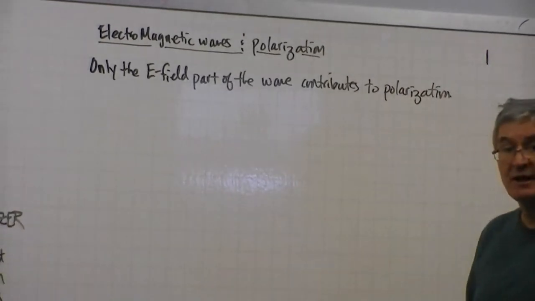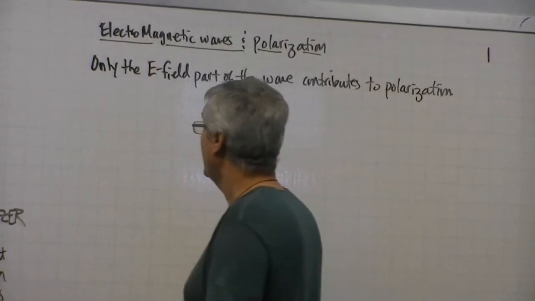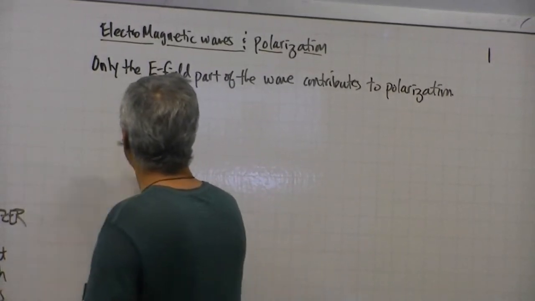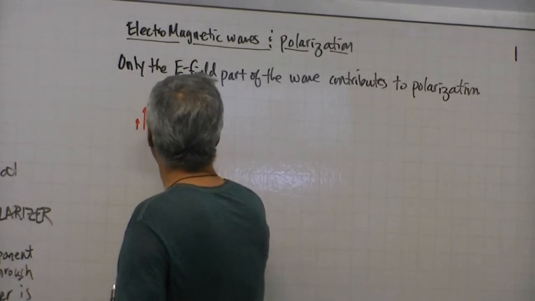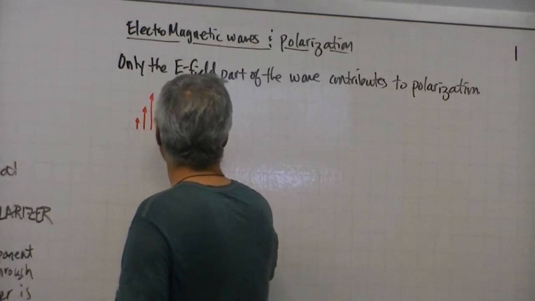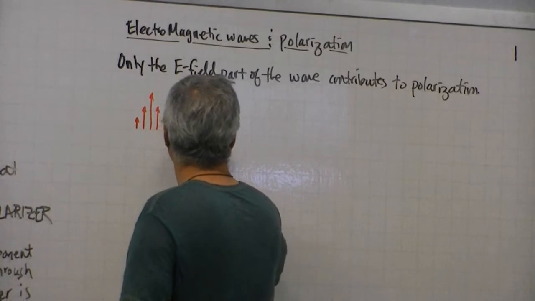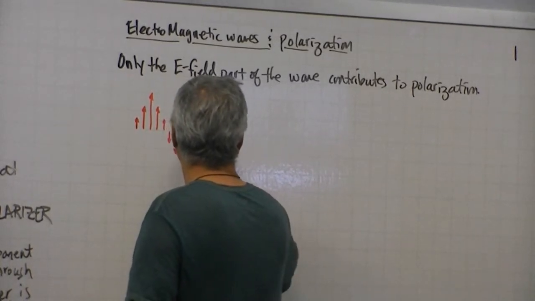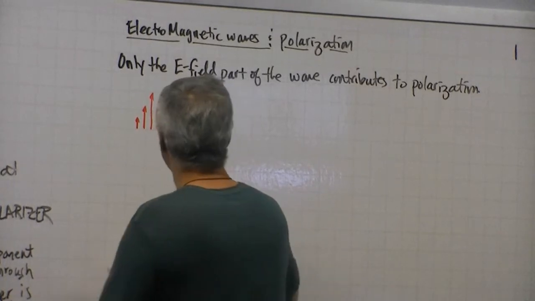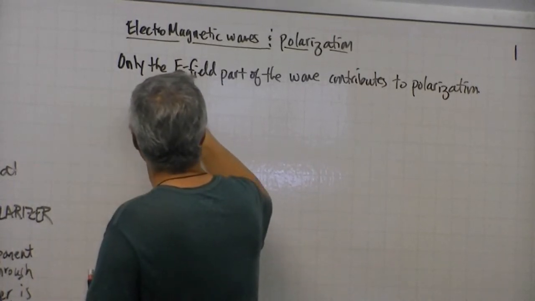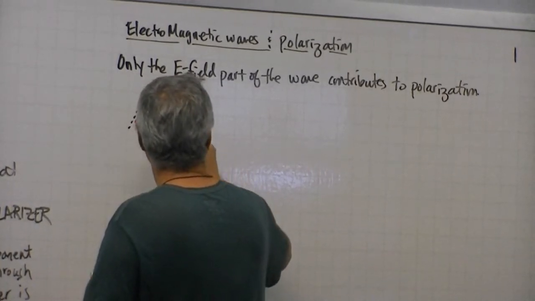So when I'm looking at a wave that's coming in, I'm seeing that my electric wave is looking something like this. If this is the electric part of the wave, we see that the wave is coming like this.